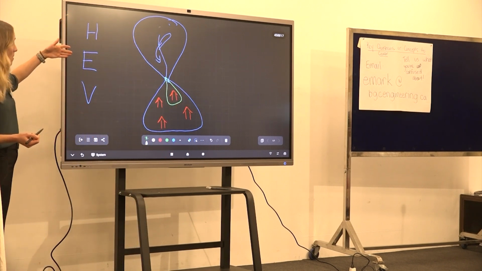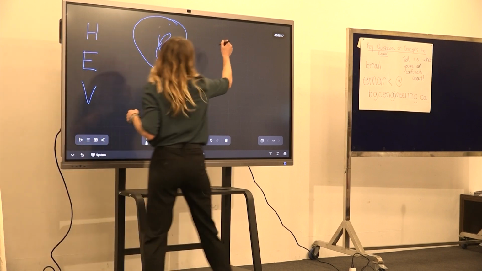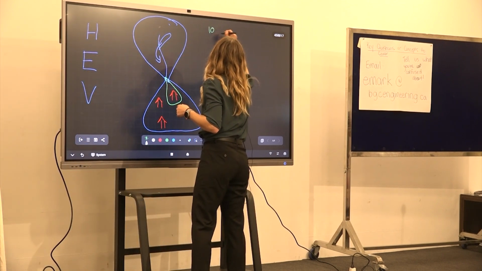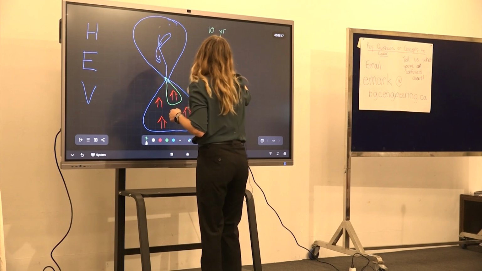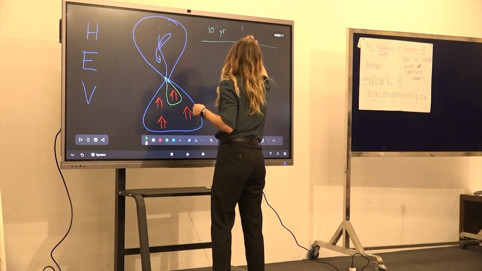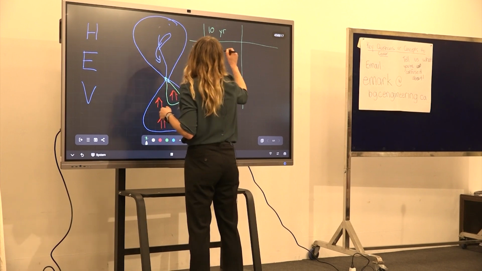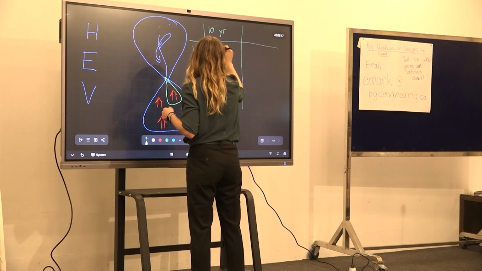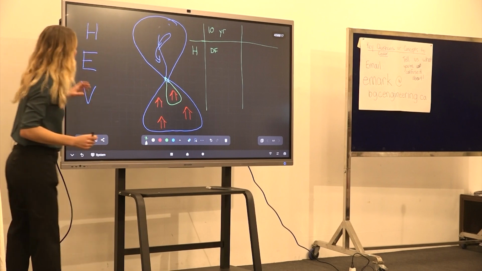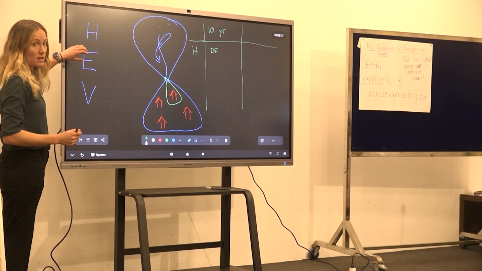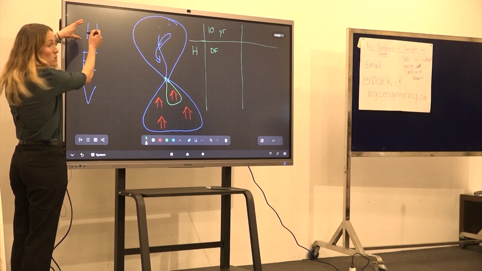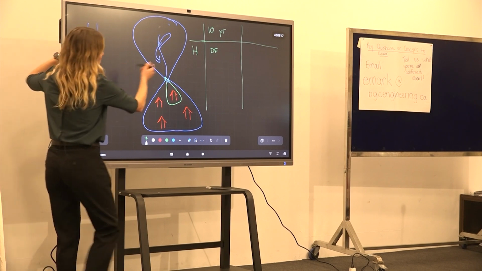Then when we're thinking about exposure, so let's do something over here. 10-year. So the hazard is the debris flow. The exposure is then what is exposed to that hazard, which is the 10-year event.